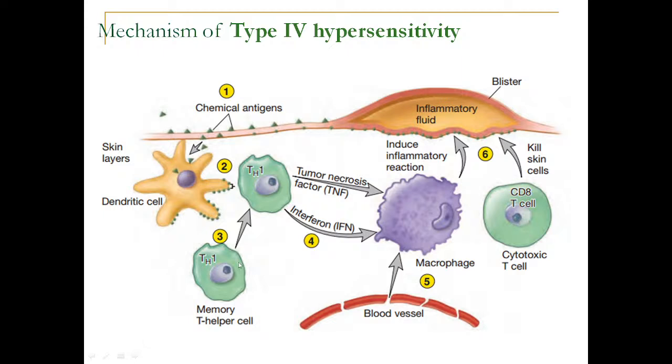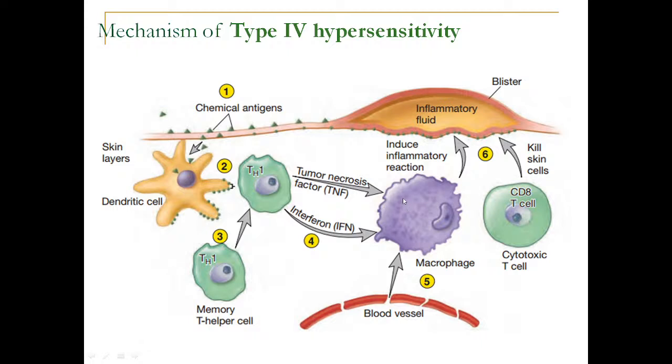When allergen enters the human organism once more, TH1 recognize this allergen. You can see the dendritic cells present this antigen to T helpers. TH1 produce pro-inflammatory cytokines like tumor necrosis factor and interferon. They activate macrophages.